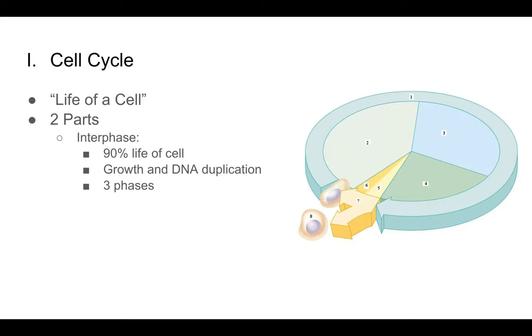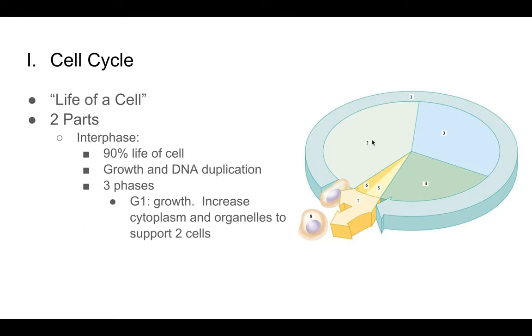The first part of interphase, which is number 2 on this diagram, is called G1. It's fine to write in this space right here where number 2 is located. So label on your diagram where you see number 2, label this as G1, and then write a couple of notes about G1. G1 is the first growth phase of interphase.